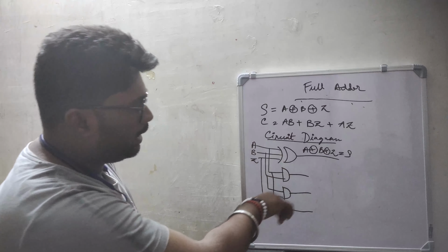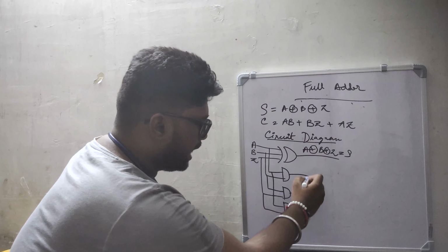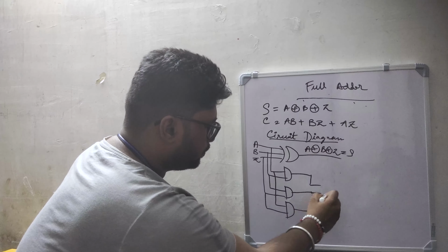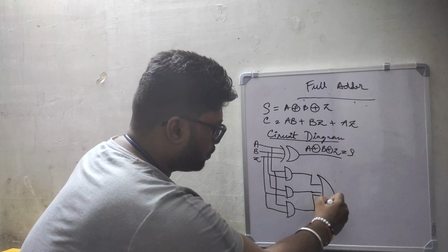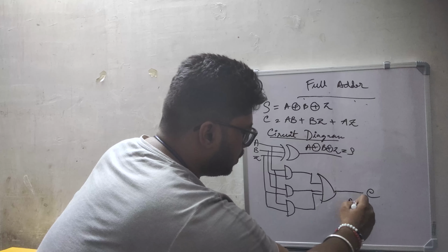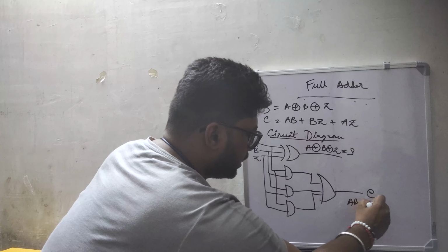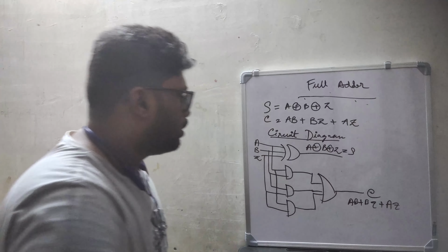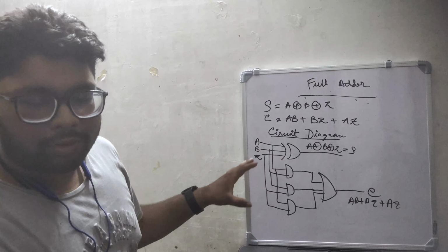Now we are going to take all three of the outputs from the AND gates and pass them through a single OR gate. This will be our C, which is AB plus BZ plus AZ. So this is the circuit diagram for full adder.